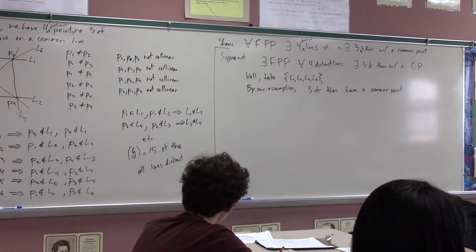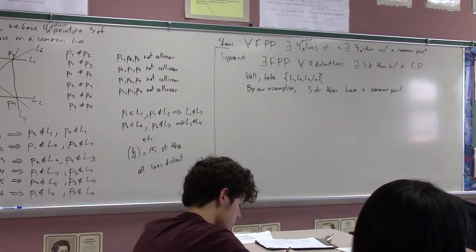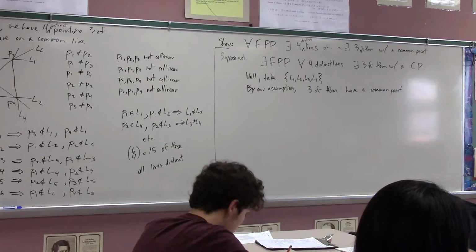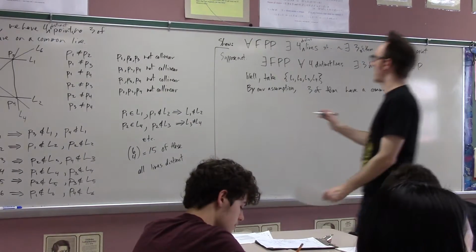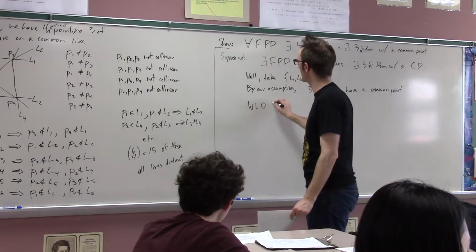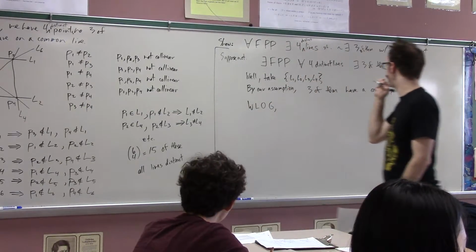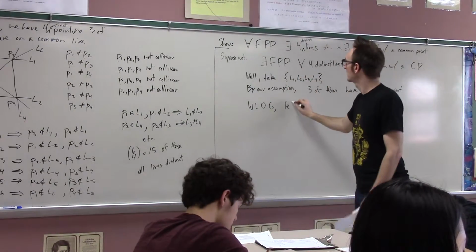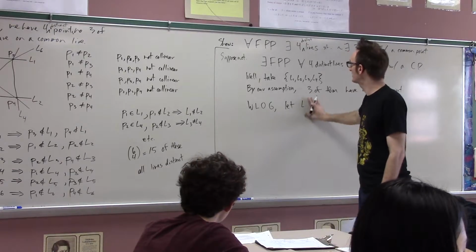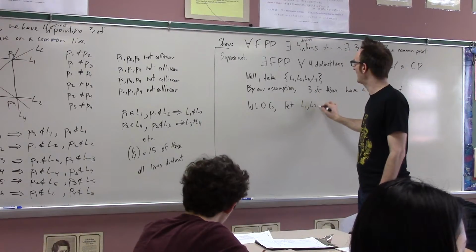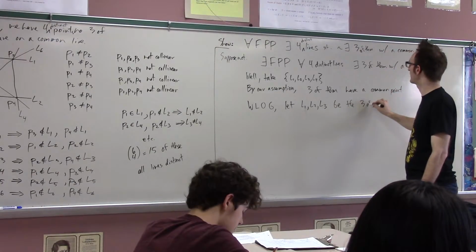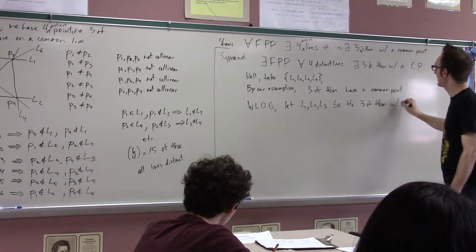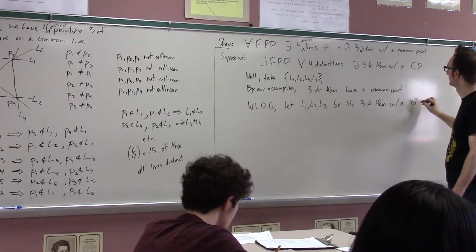Which 3? And the answer is it doesn't matter, right? Because the system is totally symmetrical. So now we throw in a "without loss of generality." Let L1, L2, and L3 be the 3 of them with a common point.